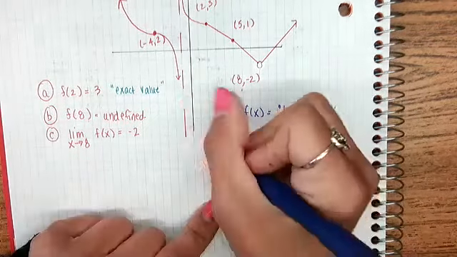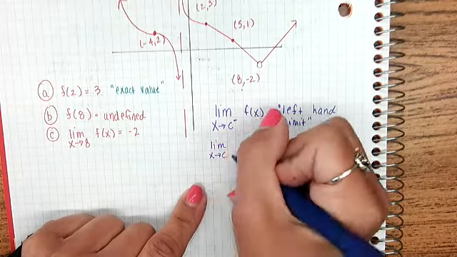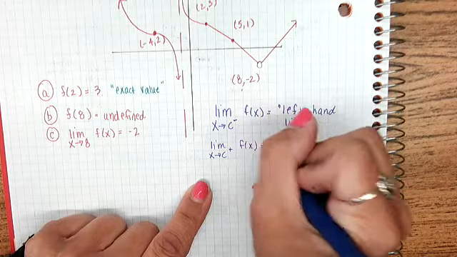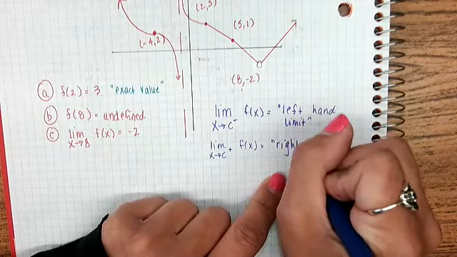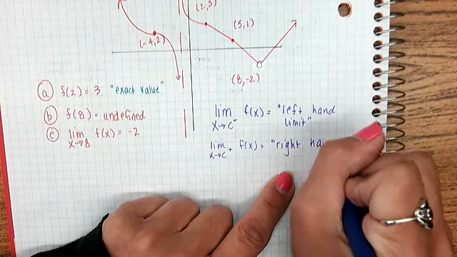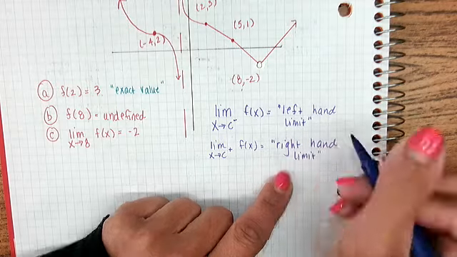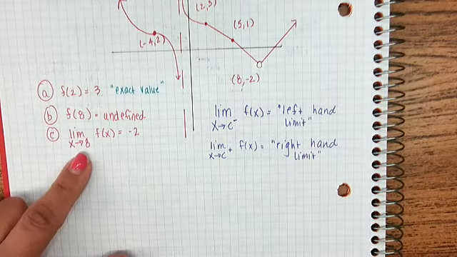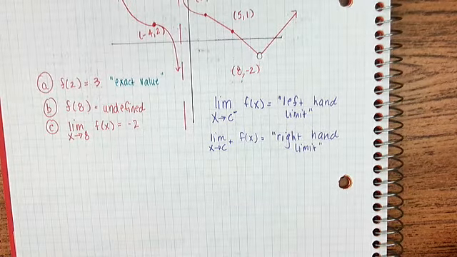And conversely, the limit as x approaches c with a superscript of a plus sign is the right hand limit. And if there's no superscript of plus or minus, that would be the overall limit.